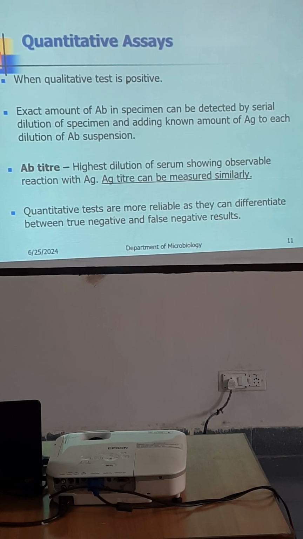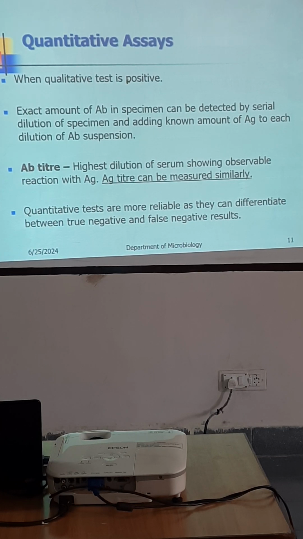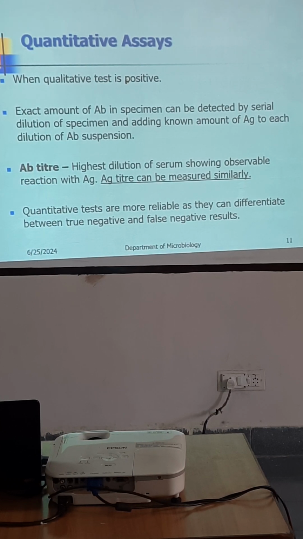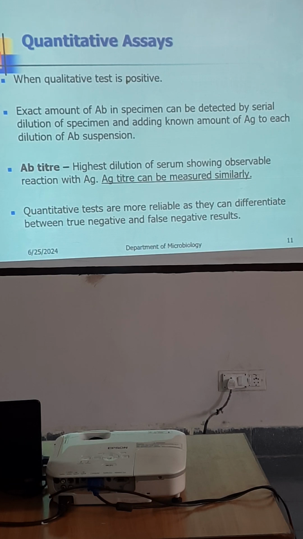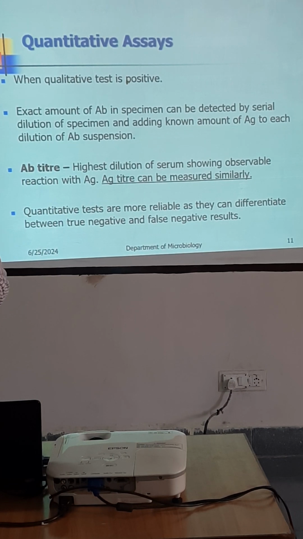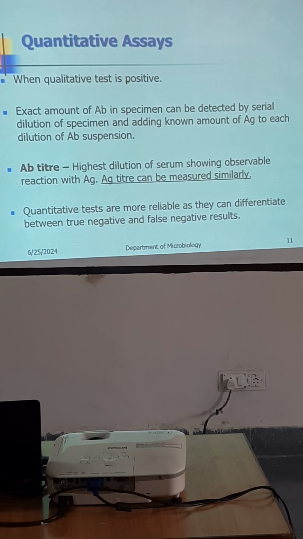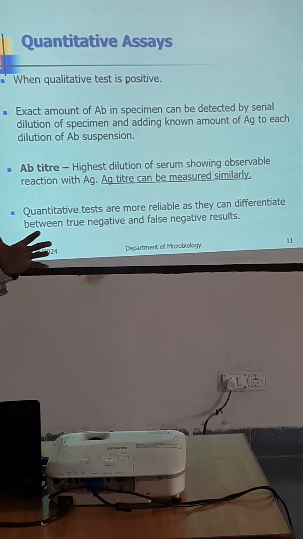Quantitative assays are done after we screen the specimen by qualitative assays. Qualitative assays are generally employed in mass screening tests, for example in blood donation camps, where you want to screen all the donors for the presence of a particular infectious disease.